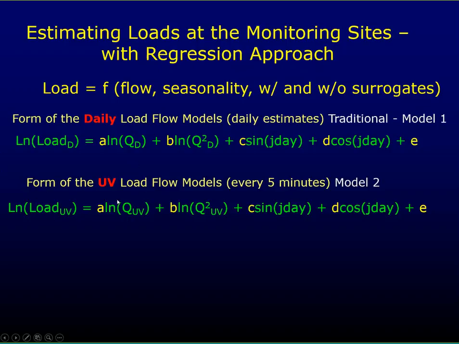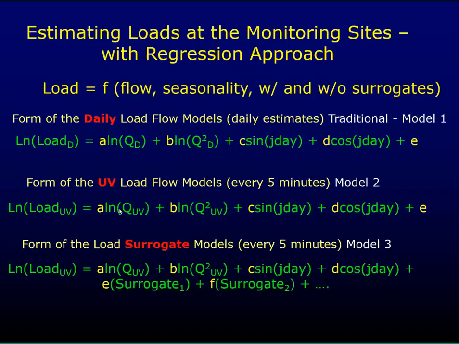The only difference between Model 1 and Model 2 was to go from daily flows to a much shorter time frame. And the final model was very much like Model 2, only we're also adding surrogates. So this would be looking at things like specific conductance or turbidity, with something like log turbidity. What we wanted to do was to find out what were the best relationships that fit each of these models.